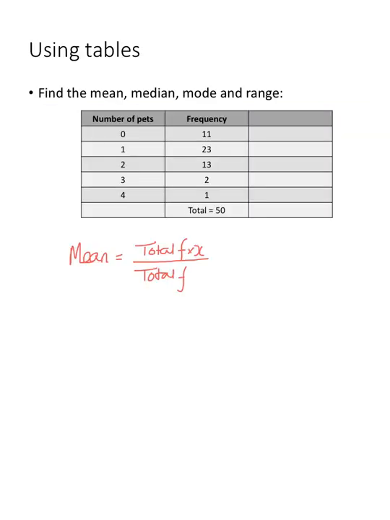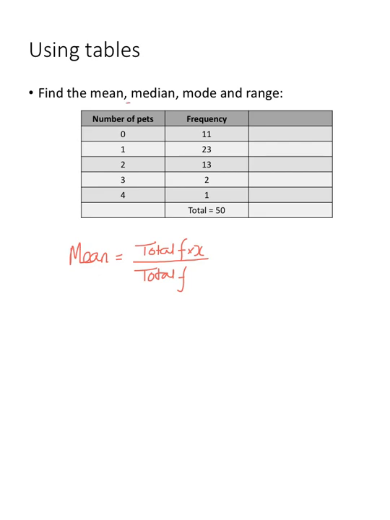Now here we have what we call a frequency table, and we are sometimes asked to work out the mean using a frequency table. Here we're looking at the average number of pets a household has.